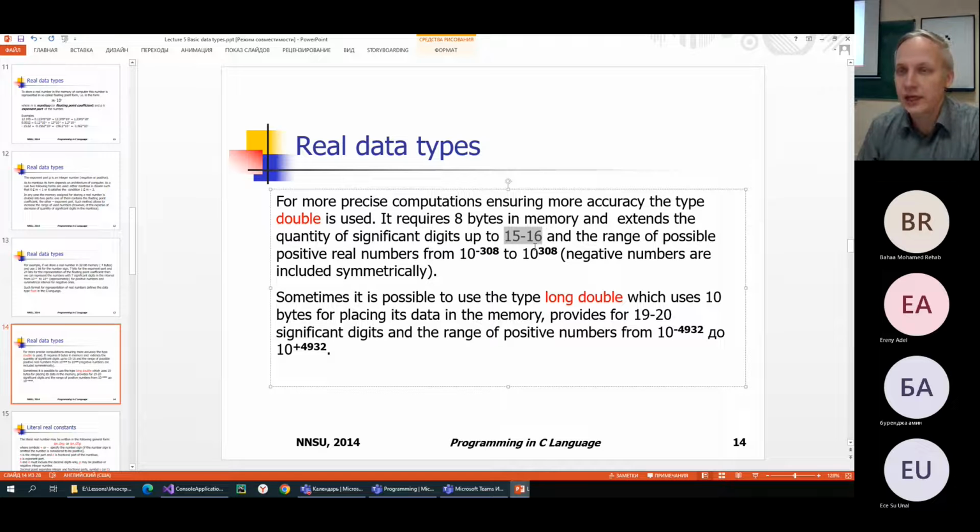And the power of the exponential part is plus or minus 308. So this is an extremely large number, and in all usual calculations it's enough for us to make calculations with such precision. So 15 digits after the decimal point, and the power plus or minus 308.